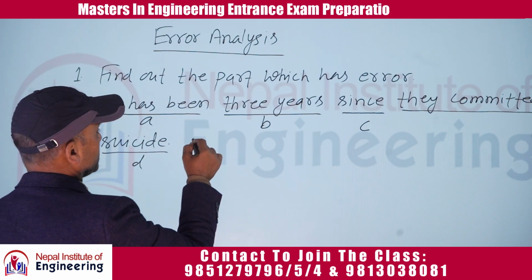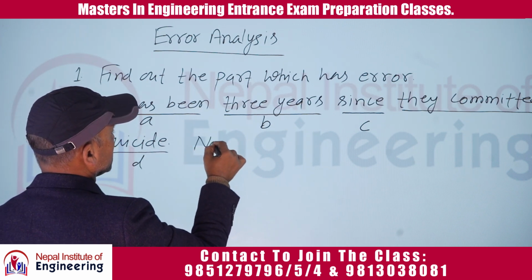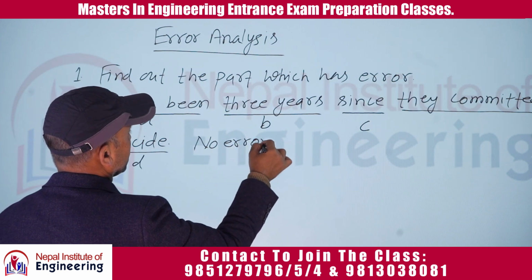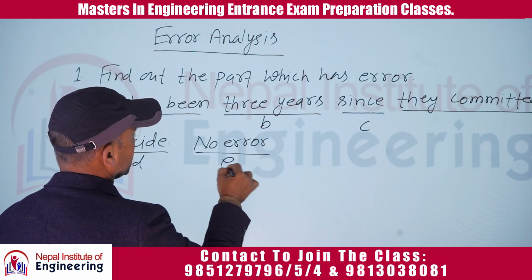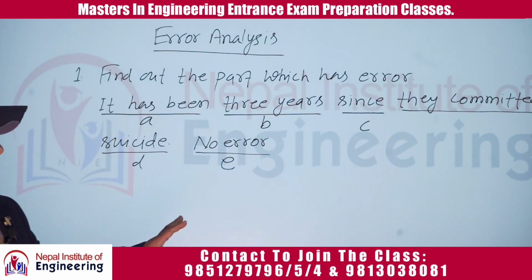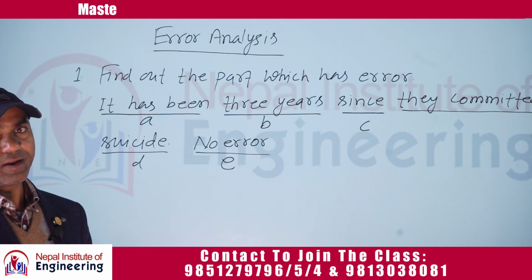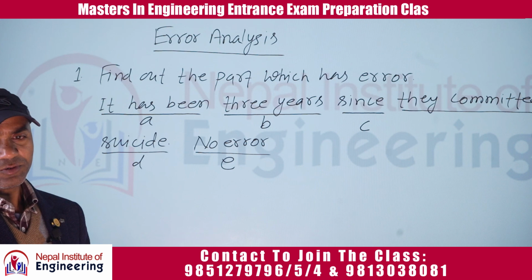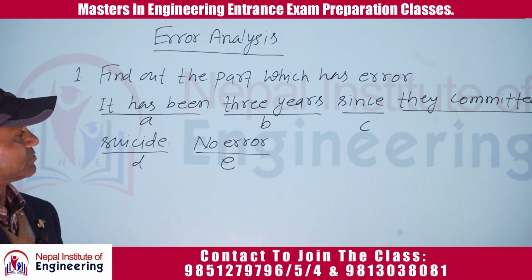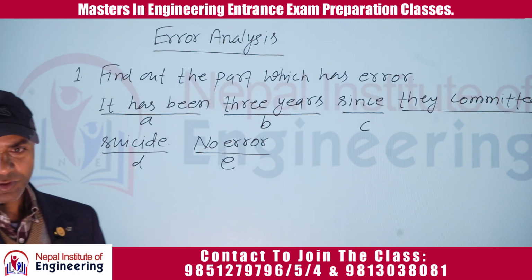Sometimes you may have no error. Here I write E. Actually we have only 4 options, 4 parts. But sometimes this is also given. No error. Select the part. Which part do you select?